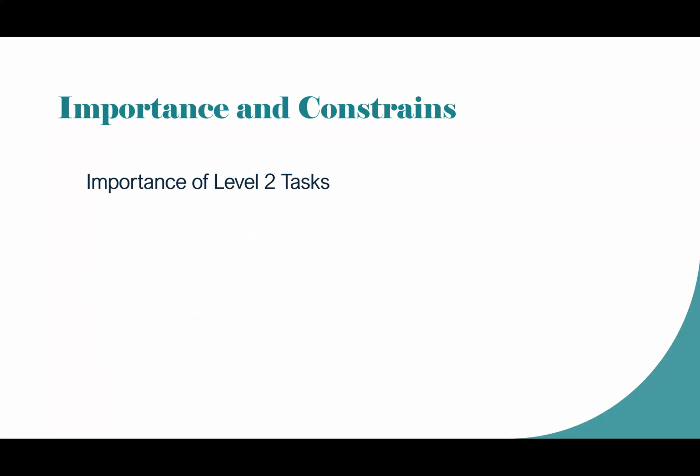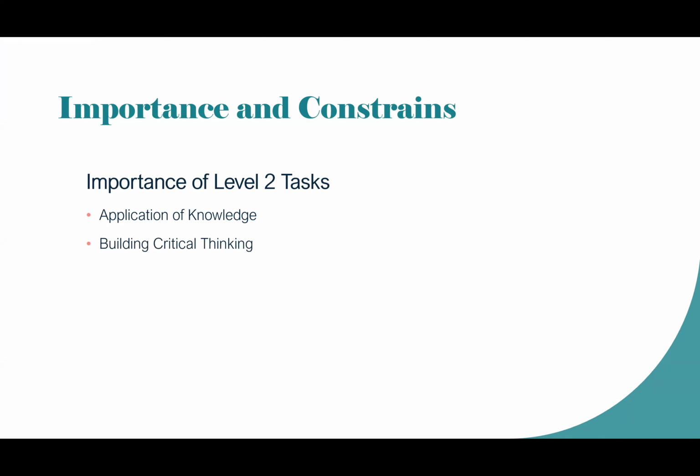Regarding the importance and constraints, why are level 2 tasks important? Number 1, level 2 tasks ensure that students have moved beyond basic recall and are using their knowledge in meaningful ways. It's an essential step in the learning process because students are applying concepts and practicing skills in real-world or practical contexts.